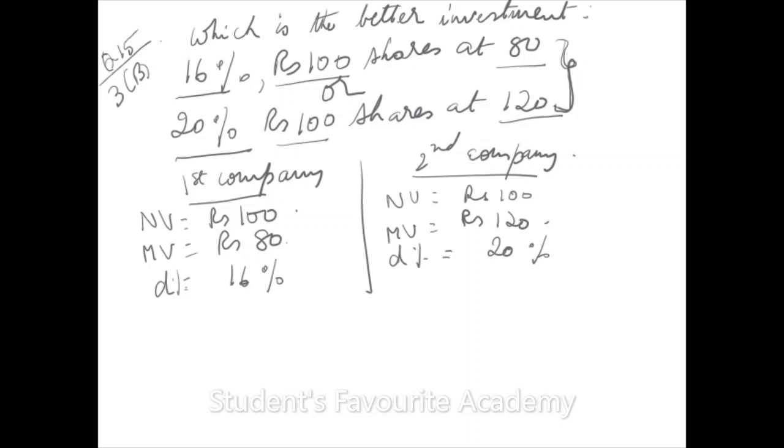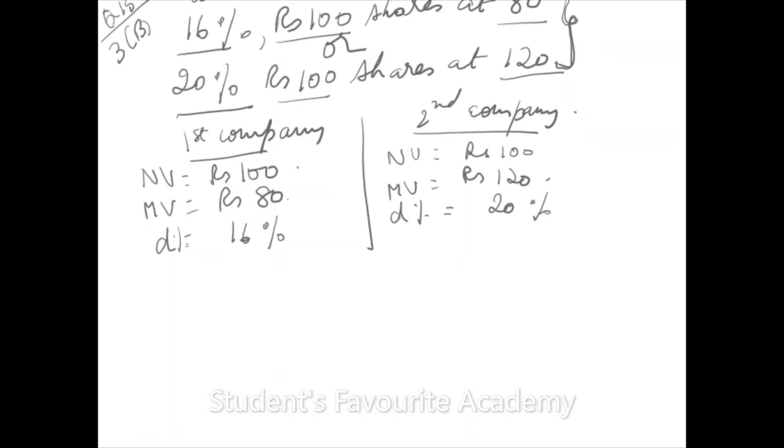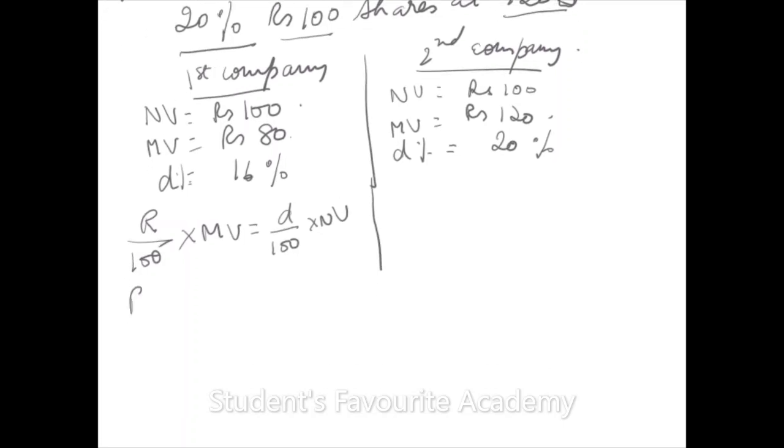So we know the formula for return percent, that is R upon 100 into market value is equal to D upon 100 into nominal value, isn't it? So R upon 100 into market value, here is 80, is equal to D, 16, upon 100 into nominal value, that is 100, right?